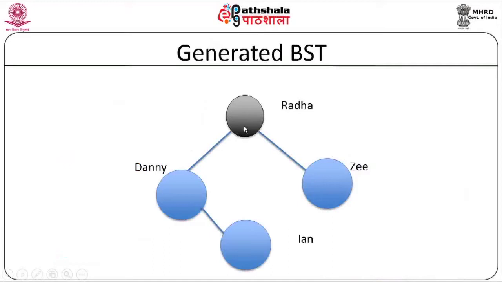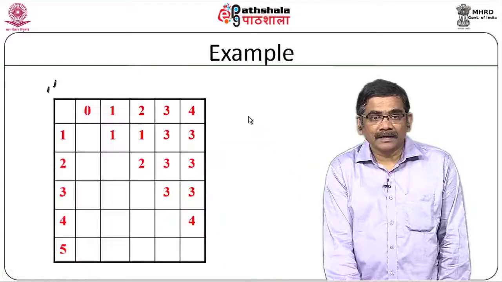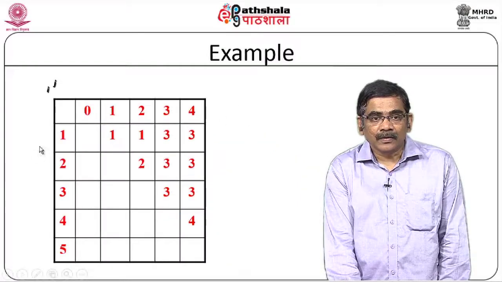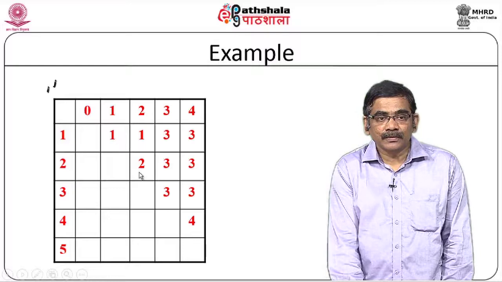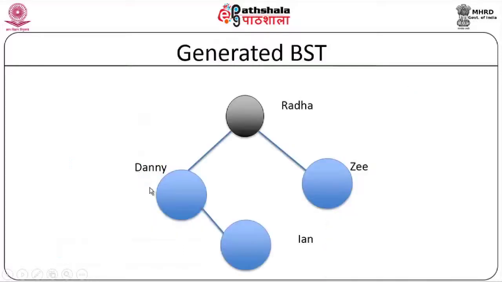Then 1 comma 2 gives 2, so A 2 is going to be the root node of that subtree.